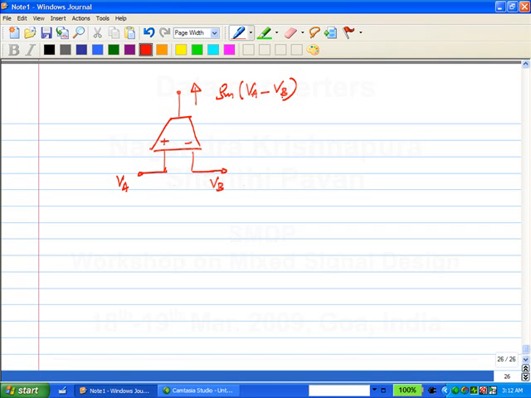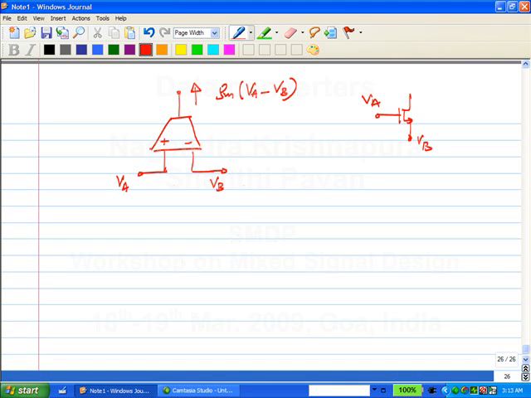Okay, so one idea is that why don't you use a transistor, apply VA here and then VB here. What are the problems with this? One problem is that, as he pointed out, when VA minus VB becomes negative, obviously the transistor is off.